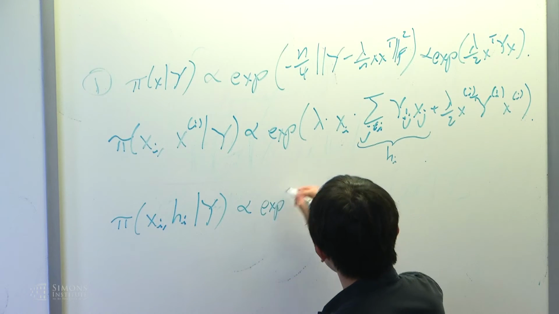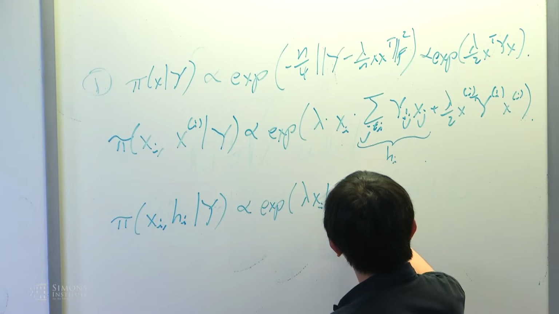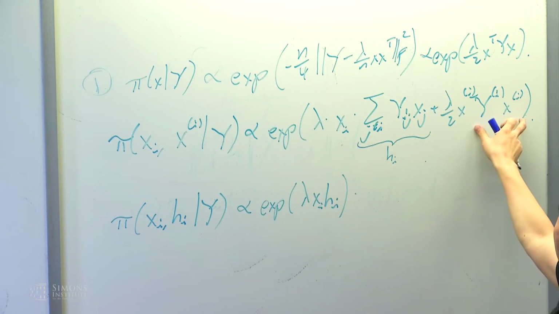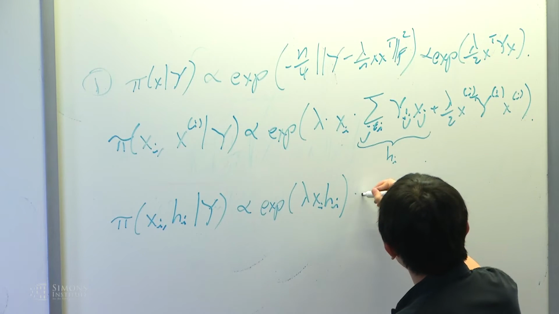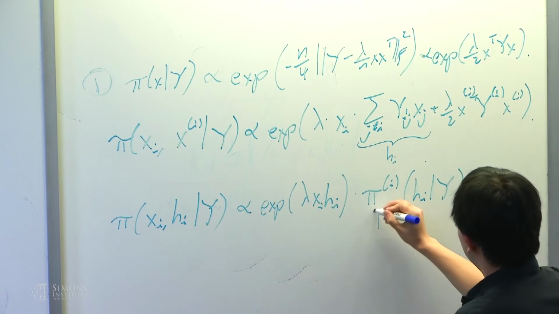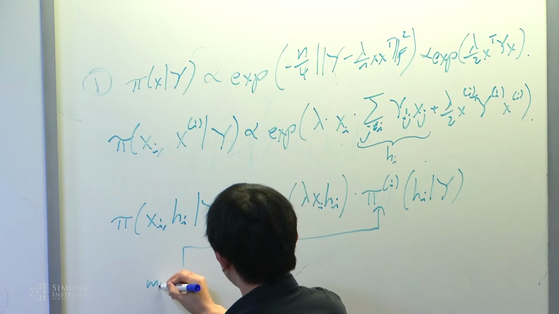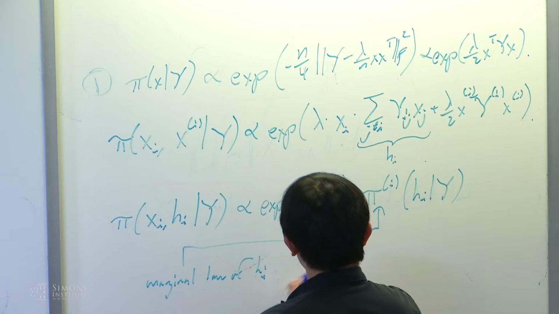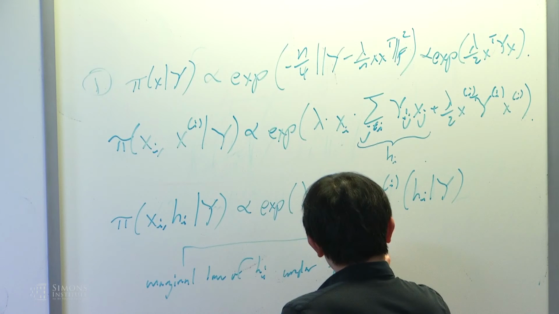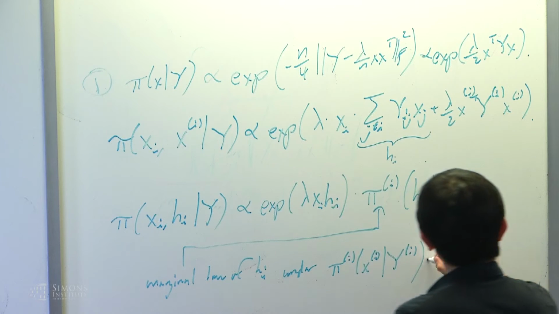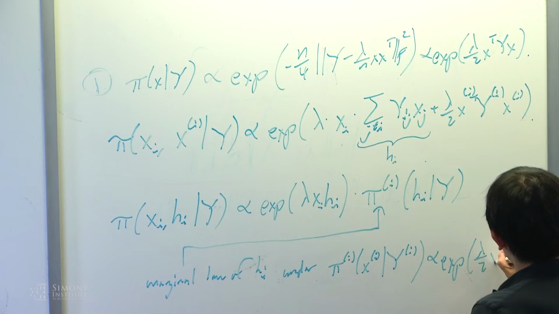What this looks like is the exponential of lambda xi hi, times some distribution over hi that's induced by this part of the law, so times some law that I'll call pi super I of hi given y. And pi super I is the marginal law of hi under the distribution pi super I of x super I given y super I, which is proportional to the exponential of lambda over 2 x super I transpose y super I x super I.